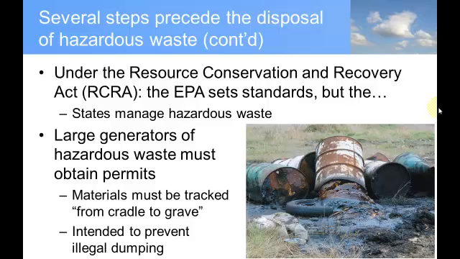Under the Resource Conservation and Recovery Act, or RCRA, the EPA sets standards for the disposal of hazardous waste, but these regulations are managed by the states. Large generators of hazardous waste must obtain permits, which includes tracking the material from what's known as cradle to grave, where the material is generated, tracked all the way to where it is disposed of. And this is supposed to prevent illegal dumping.